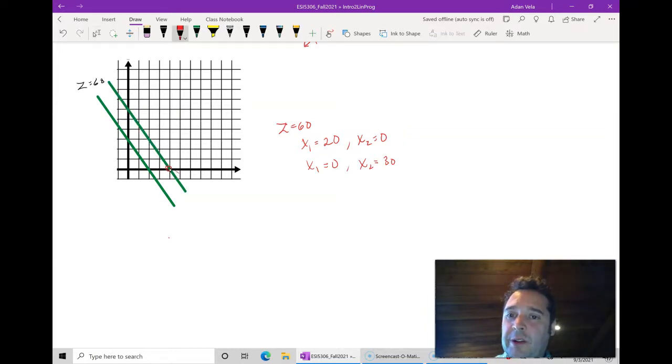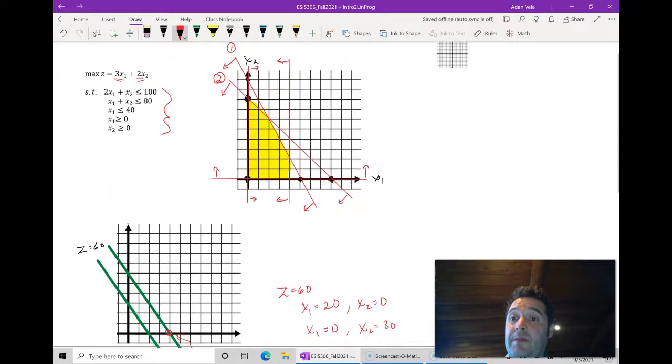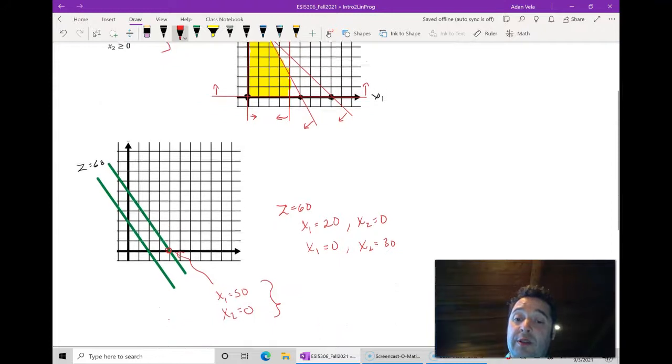So right here we're at x1 equals 50 and x2 equals 0. All these points on this line segment have the same value, right? And so we can figure it out by just plugging that line in. So 3x1 plus 2x2.